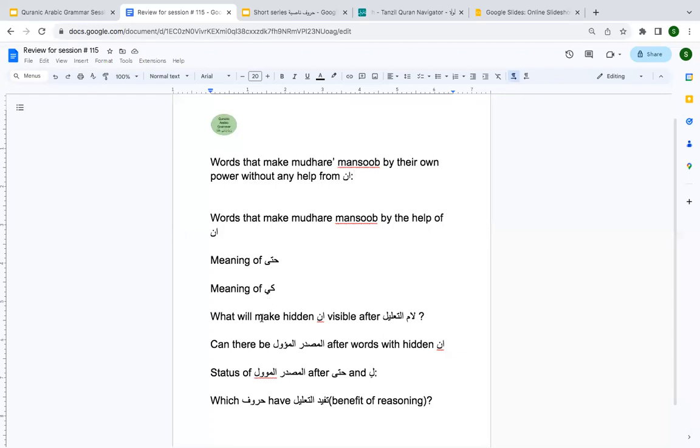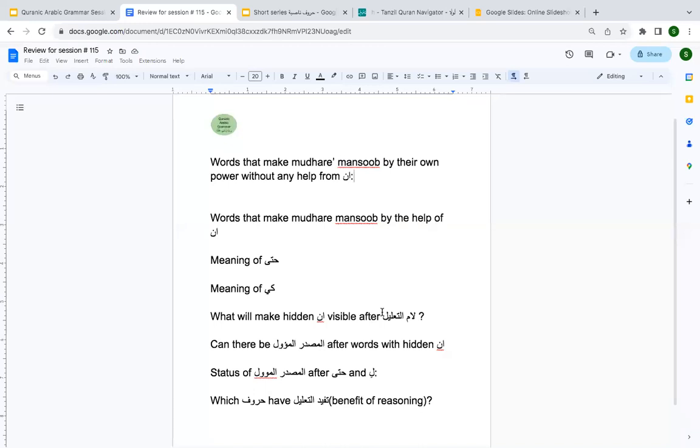Okay? What will make hidden an visible after lamu ta'lil? Do you know of any word that can come after lamu ta'lil? And in that case, you will see an visible. Instead of being hidden after li, it's going to be visible. La nafiya. My dear sisters, it is la nafiya, right?